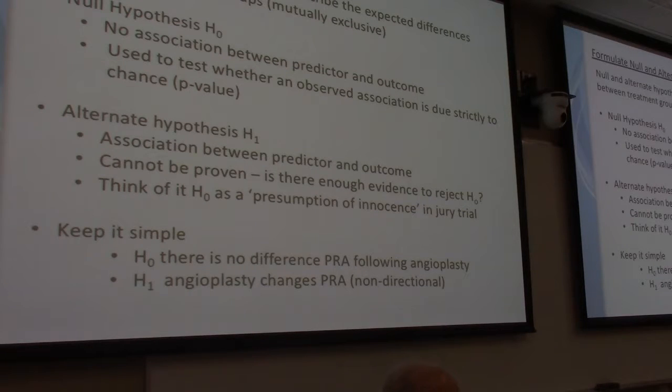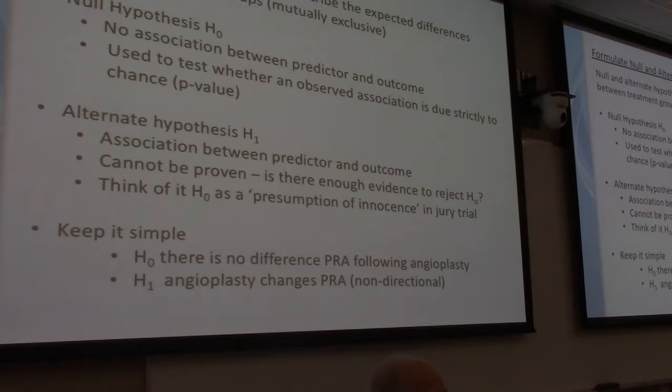Null and alternate hypotheses should be kept simple. Let's say you're studying hypertension and renal artery stenosis, and your subjects are getting angioplasty. The null hypothesis could be something as simple as there is no difference in plasma renin activity following angioplasty. The alternate hypothesis could be as simple as saying there is a difference. So this is a two-sided alternate hypothesis.